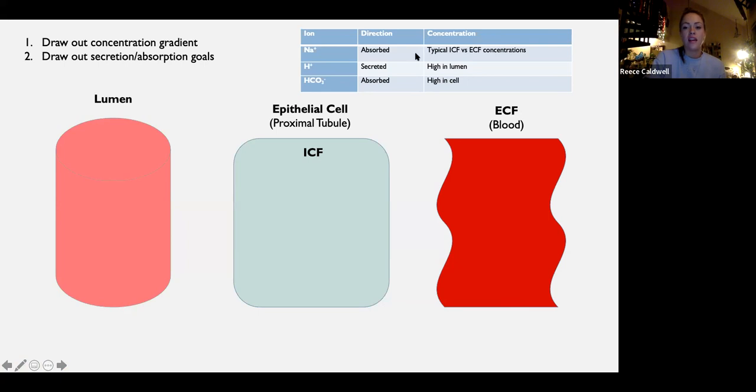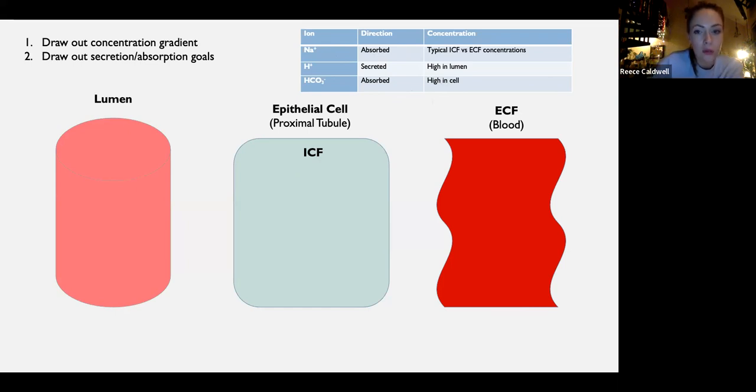So here is that table with the different ions and what is going on with them. And then we have 4 different transporters that were given. I think I did them one by one in the coming slides, but we have the sodium channel, the sodium potassium ATPase, the sodium hydrogen co-transporter, and the sodium bicarb transporter.